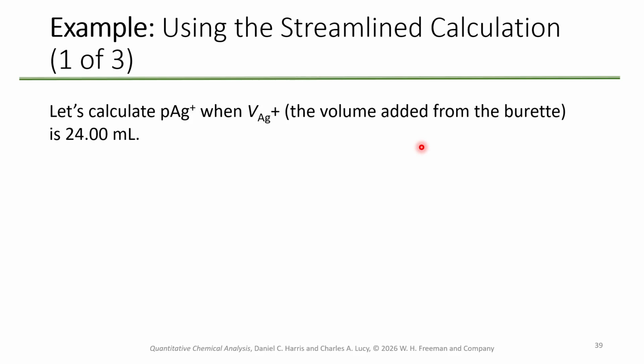So the equivalence point was at what point? 25 milliliters, right? So we're before equivalence point. I'm going to give you one more minute. Try your very best. Make sure you actually try it out. You can use the accelerated formula if you want.